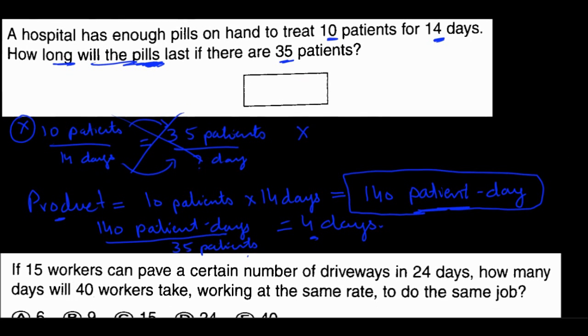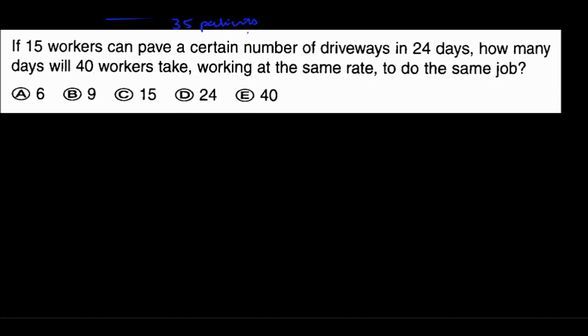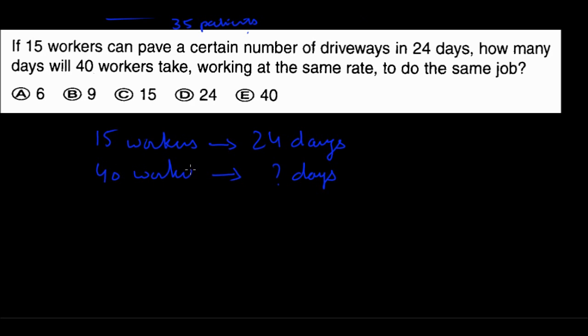Right. Let's look at a similar problem in a different context. If 15 workers can pave a certain number of driveways in 24 days, so 15 workers working every day can do a job in 24 days, how many days will 40 workers take, working at the same rate on the same job?